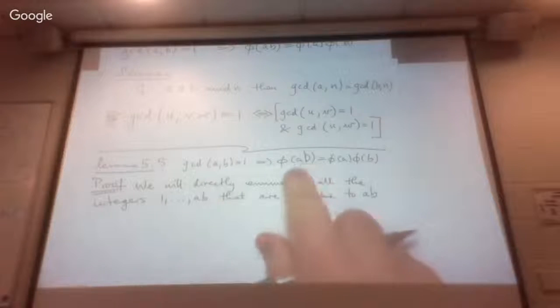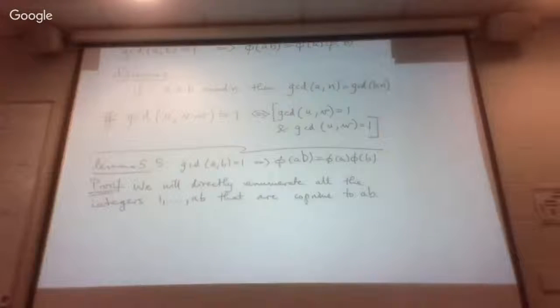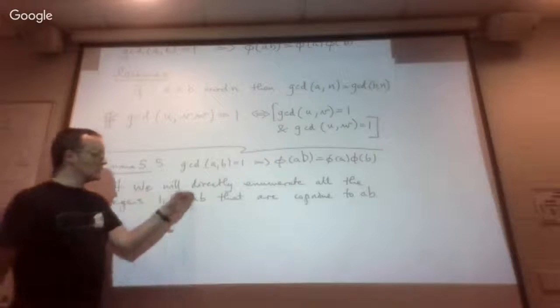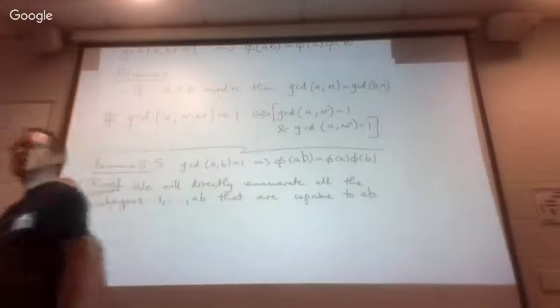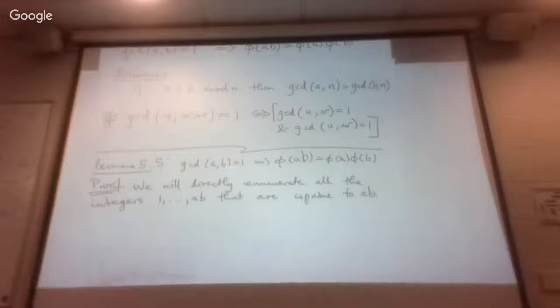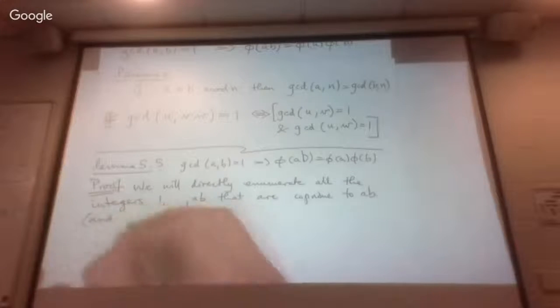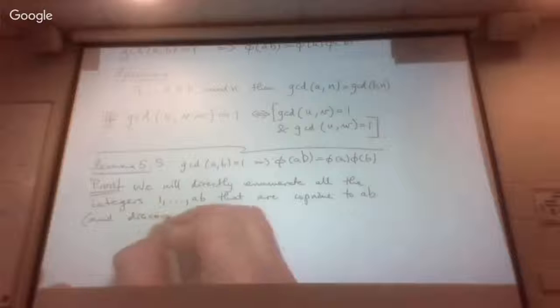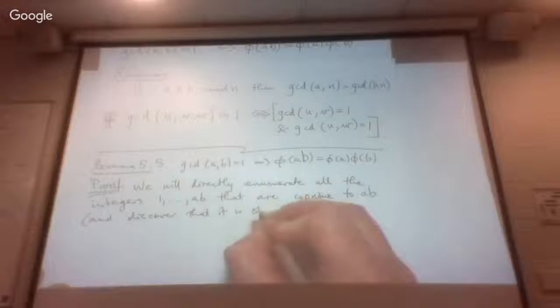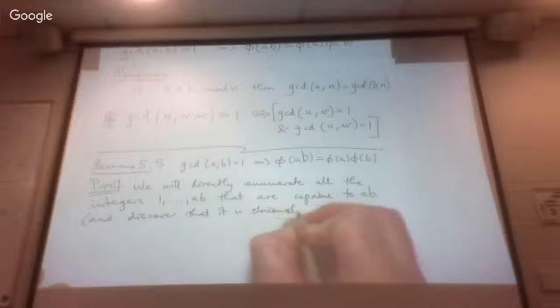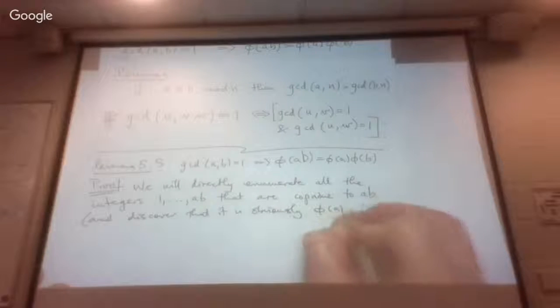Okay, so we're going to evaluate the left-hand side. We're going to look at all the integers between 1 and AB, count the number of ones that are co-prime to AB, and discover that it is obviously or clearly phi of A times phi of B.